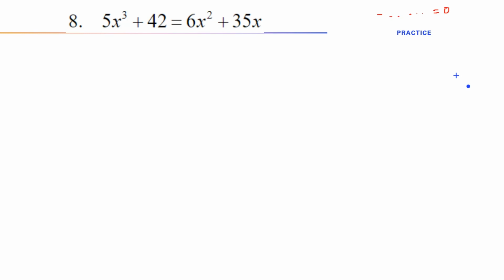To do that, I subtract 6x squared and subtract 35x from both sides. On the right hand side, we have that one cancel, that one cancel, so this one will be equal to 0. That's our target.